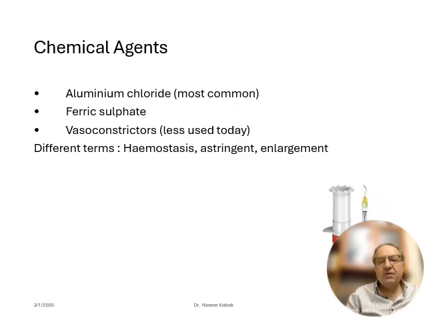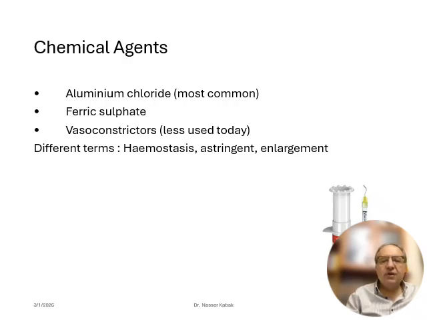Another material, ferric sulfate, also can be used, but it's not well tolerated by the sulcus, and its color is dark. It's very effective, but I think working with it is a little bit problematic since it has a yellow color and it can't be rinsed easily from the sulcus.